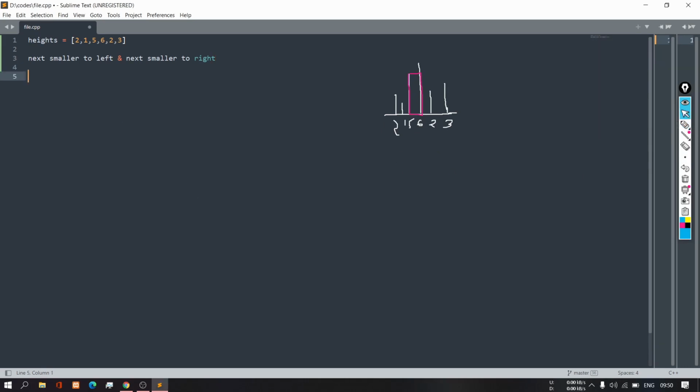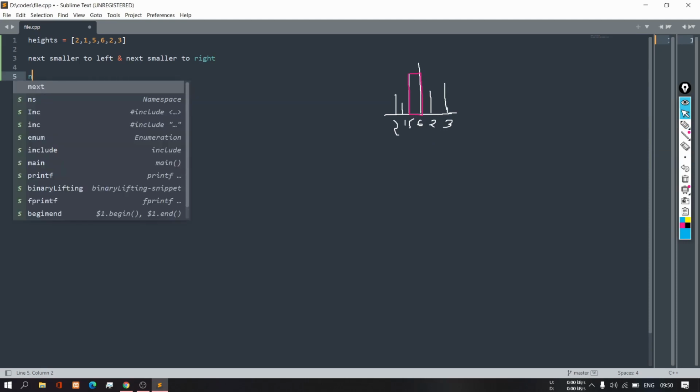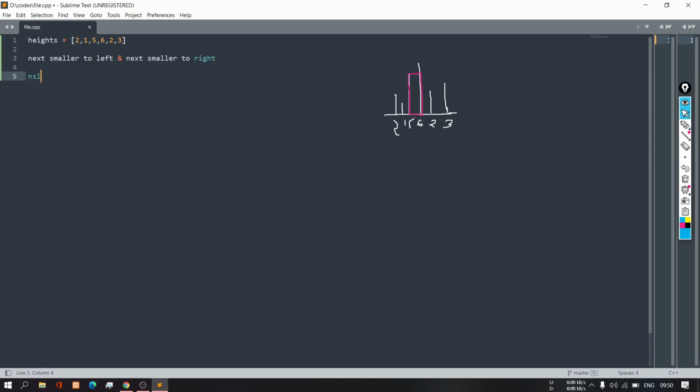If I find out the next smaller to the left, which I call NSL, then for our first bar, the value is 2. So we need to find an element which is less than 2 on the left side.